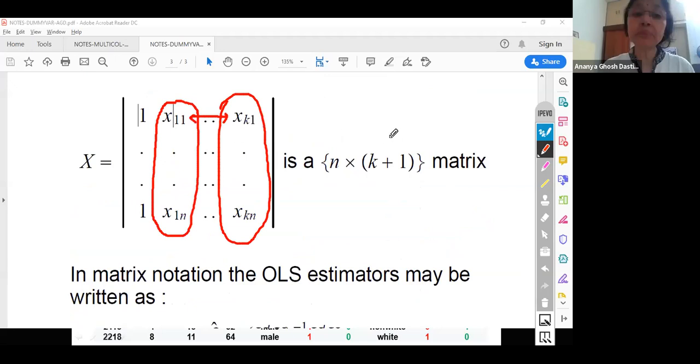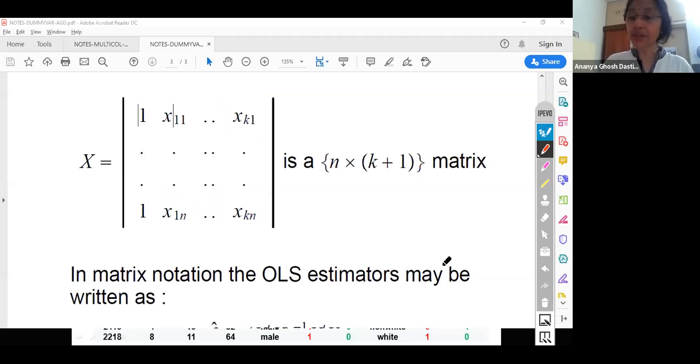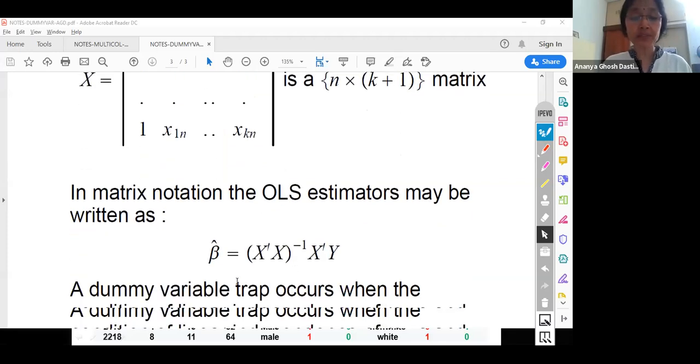Which means that the two columns of the X matrix are becoming dependent. And if that happens, if two columns are becoming dependent, then there's going to be a grave problem. The grave problem being that I will not be able to invert the X matrix, right?